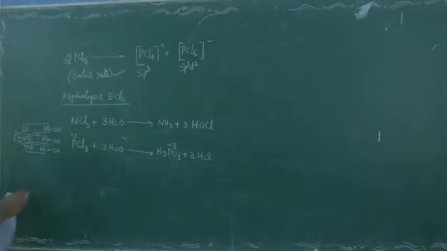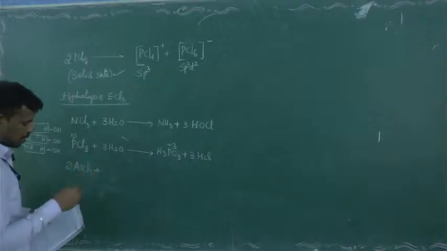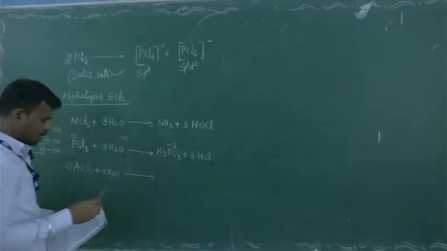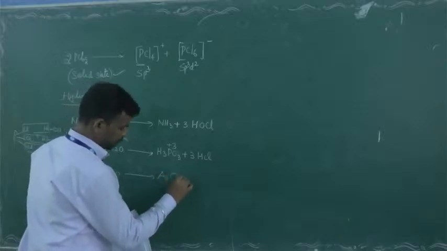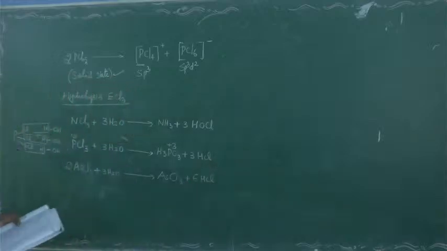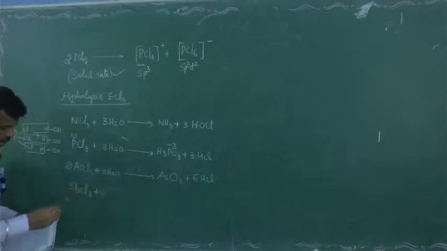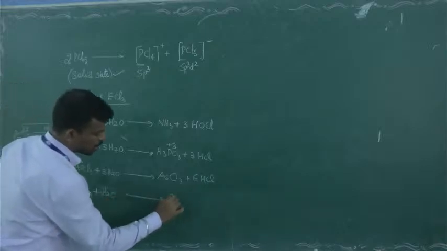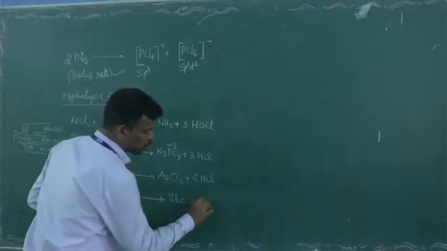The second example is arsenic chloride. If you do hydrolysis, you get arsenic oxide plus 6HCl. The next example, antimony trichloride, hydrolysis gives SbOCl plus 2HCl.